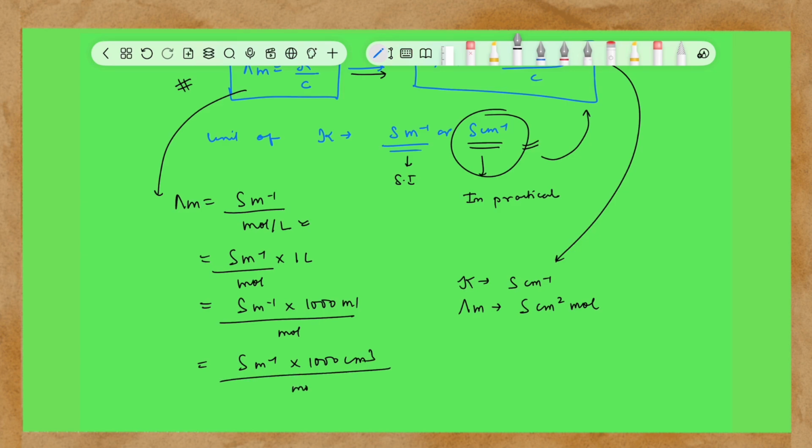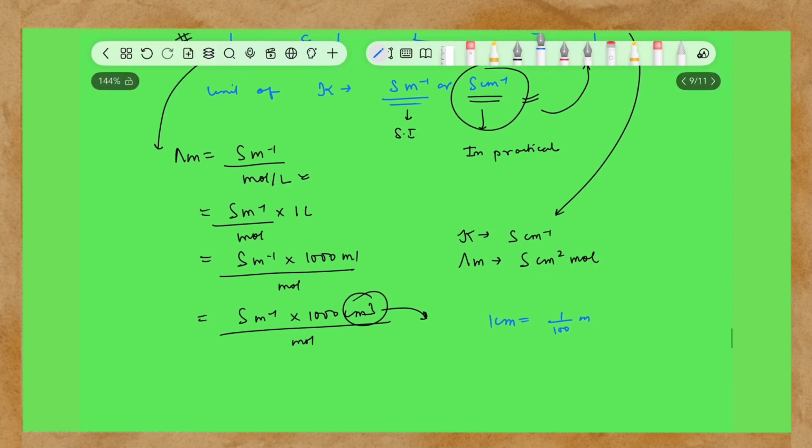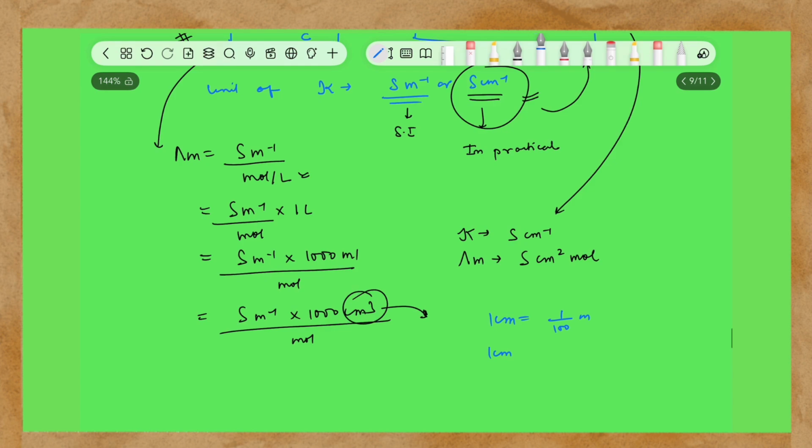We know that 1 ml is equal to 1 centimeter cube, but we are still missing the meter. We cannot multiply per meter with centimeter, so this has to be changed into meter. 1 centimeter is 1 upon 100 meter, that is 1 centimeter is equal to 10 to the power minus 2 meter.